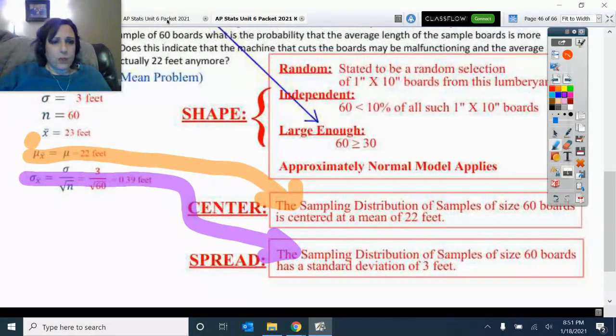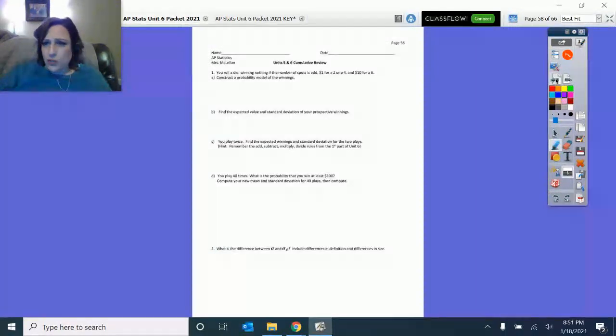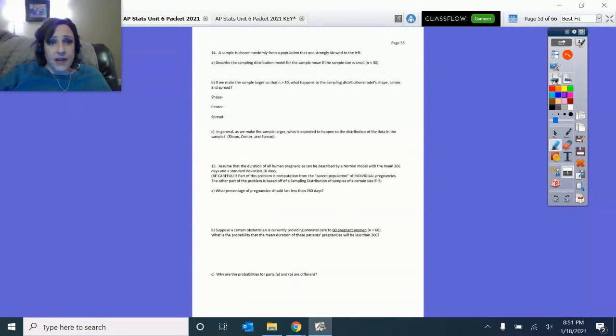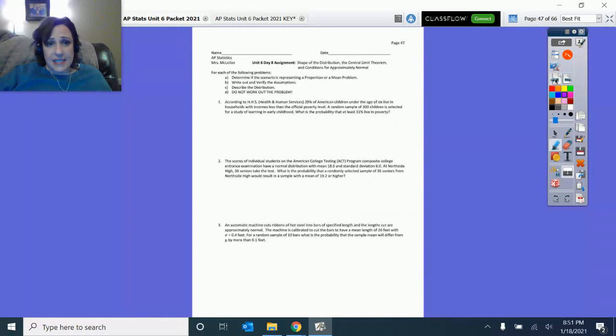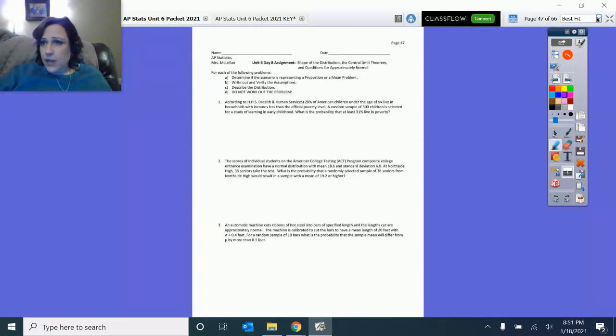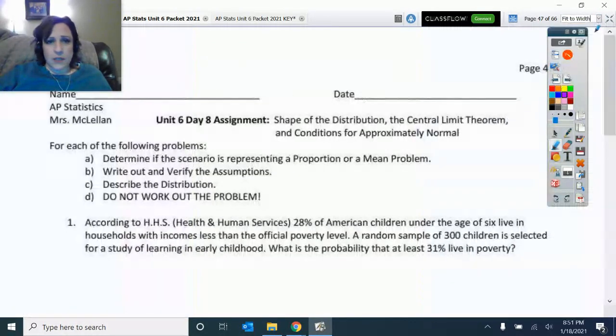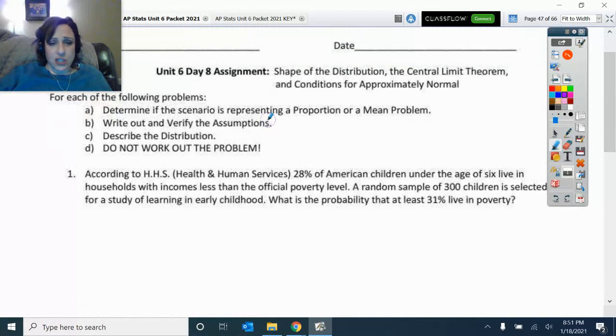So then what that means is on your assignment, you're going to be identifying what type of problem it is. So you're really just practicing these conditions. It says right here, determine if the scenario is representing a proportion or a mean. Then write out and verify the assumptions.